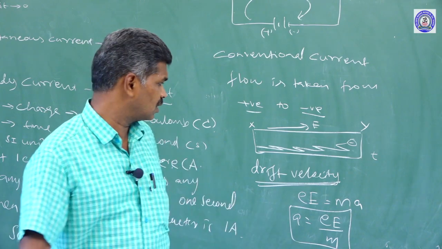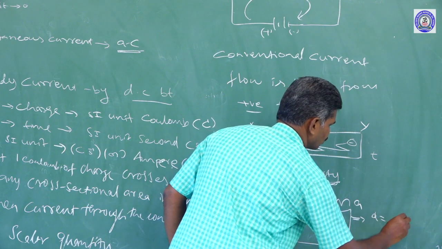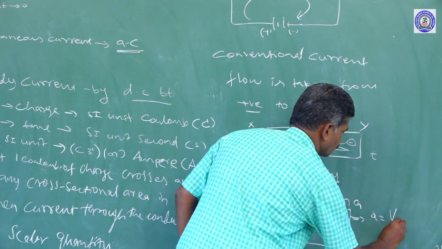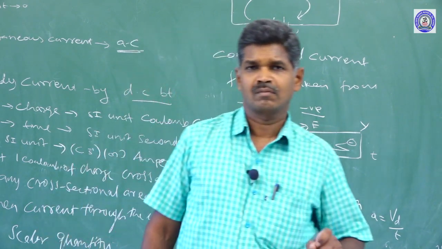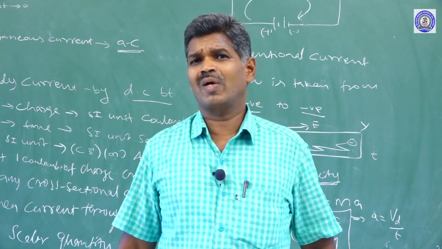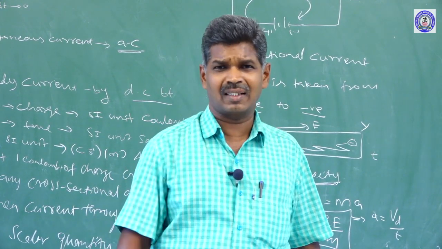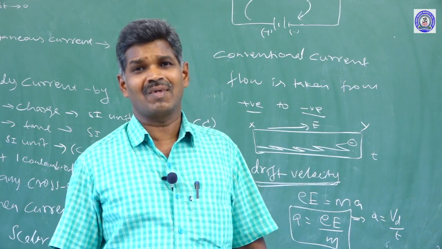So, a is equal to Vd by t. General velocity is represented by a small v, but here the electrons are drifted towards the positive terminal by the applied electric field. That is why their velocity is taken as drift velocity.